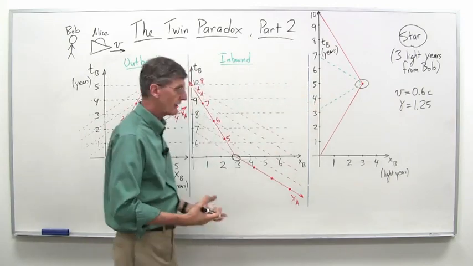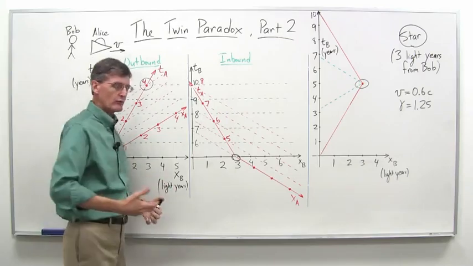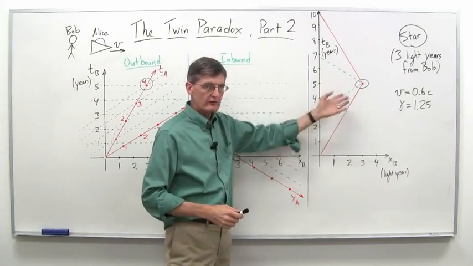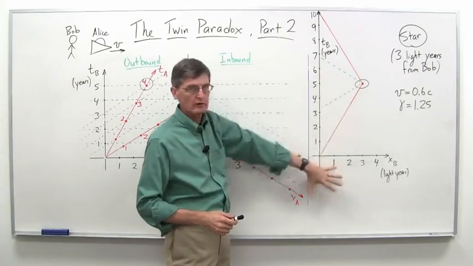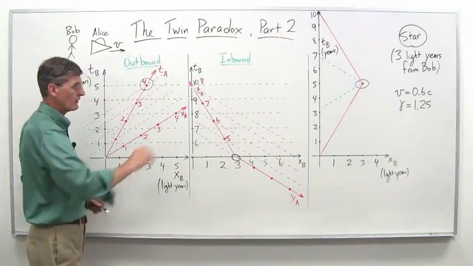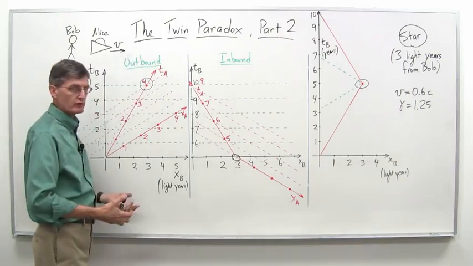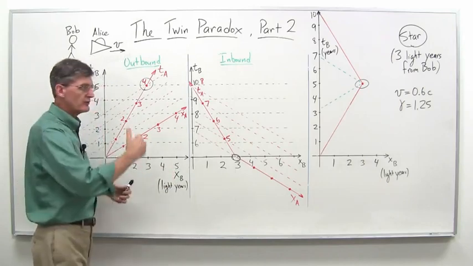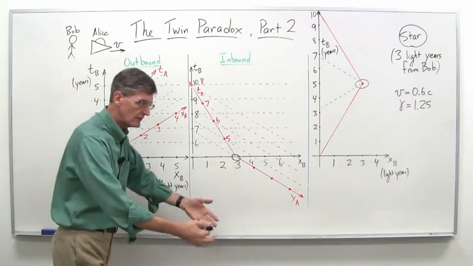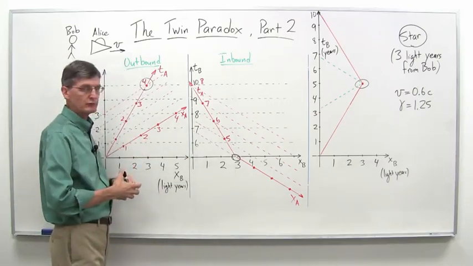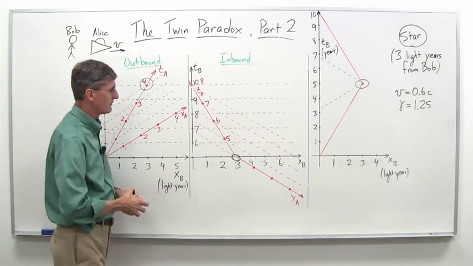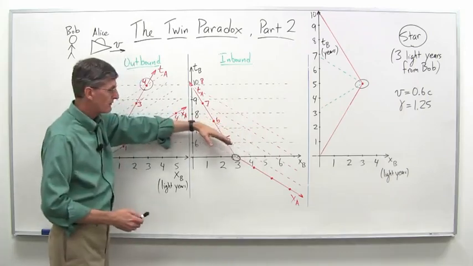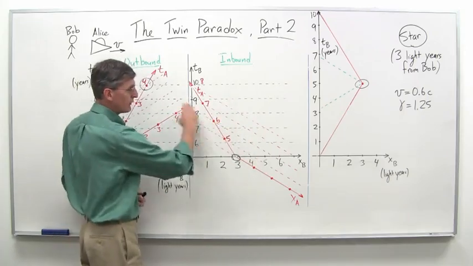As soon as she turns around, and we're assuming not quite instantaneously, but fast enough that we can ignore the acceleration and deceleration compared to the long time of going at constant velocity, that acceleration and deceleration essentially puts her into a new frame of reference. She decelerates and then accelerates again very quickly up to her velocity of 0.6 c. So now she's heading back here, but she's in a new frame of reference. The lines of simultaneity now point this way.